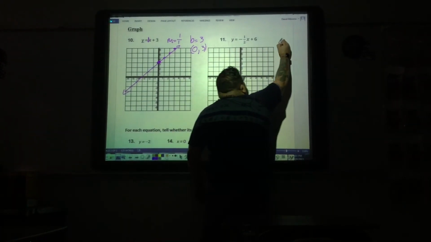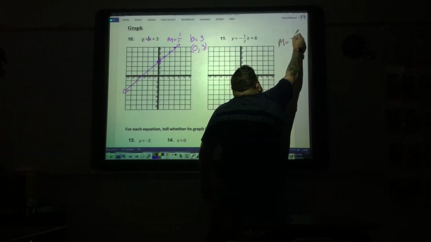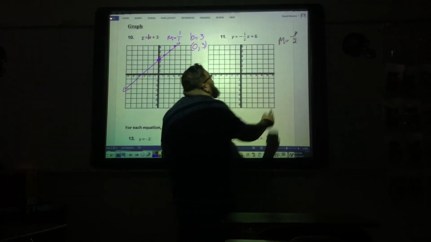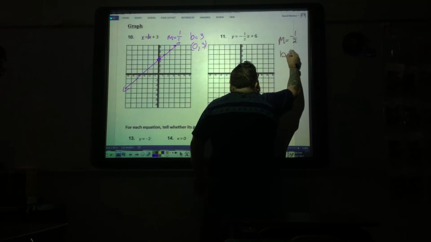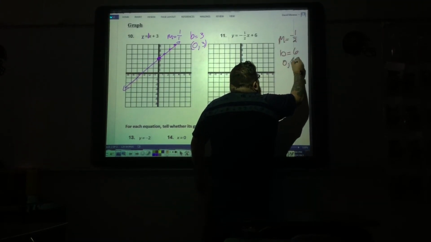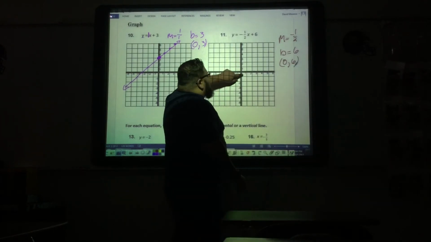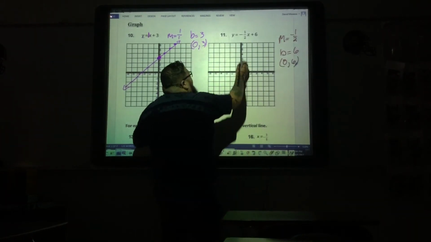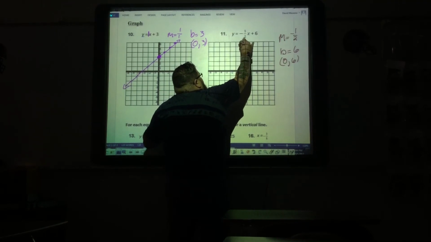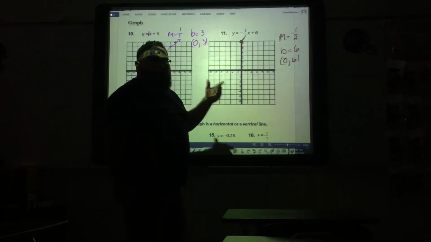So then I do my next one, okay? Right here, I know my slope is -1 over 2. So remember, negative, that means I'm probably going to go down. And my B is equal to 6. So that means that my y-intercept is 0, 6. So I go to 6 on the y-axis. That's right on the very top, right? 1, 2, 3, 4, 5, 6. Okay, it starts out, but now it's -1 over 2.